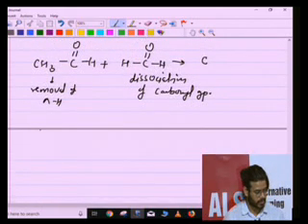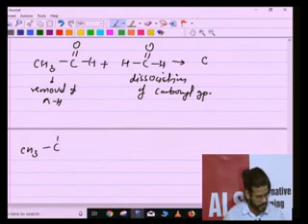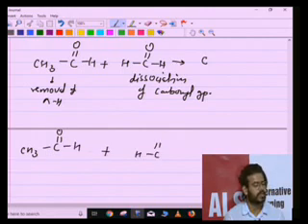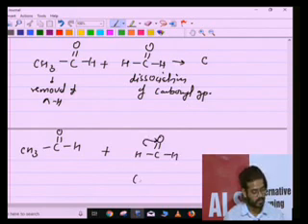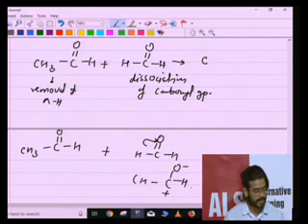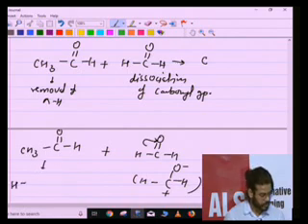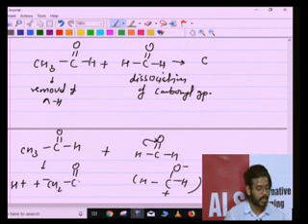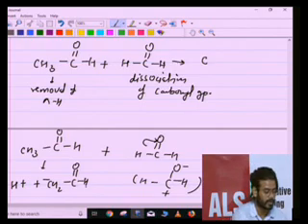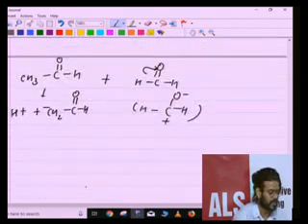CH3 C double bond O H plus HC double bond O H. Again, dissociation of the carbonyl part, positive, O negative, and H here, and in this case H positive and CH2 negative, C double bond O, H is formed. I've already told you n number of times what you have to do.